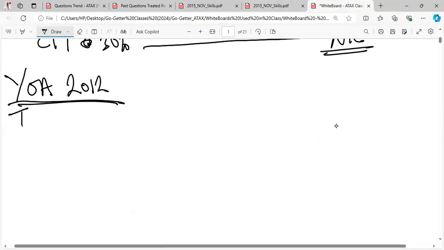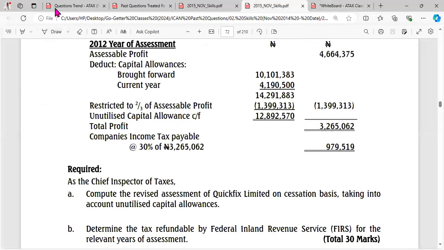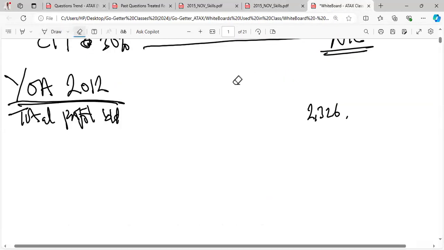You say total profit brought down, 3,265,062.